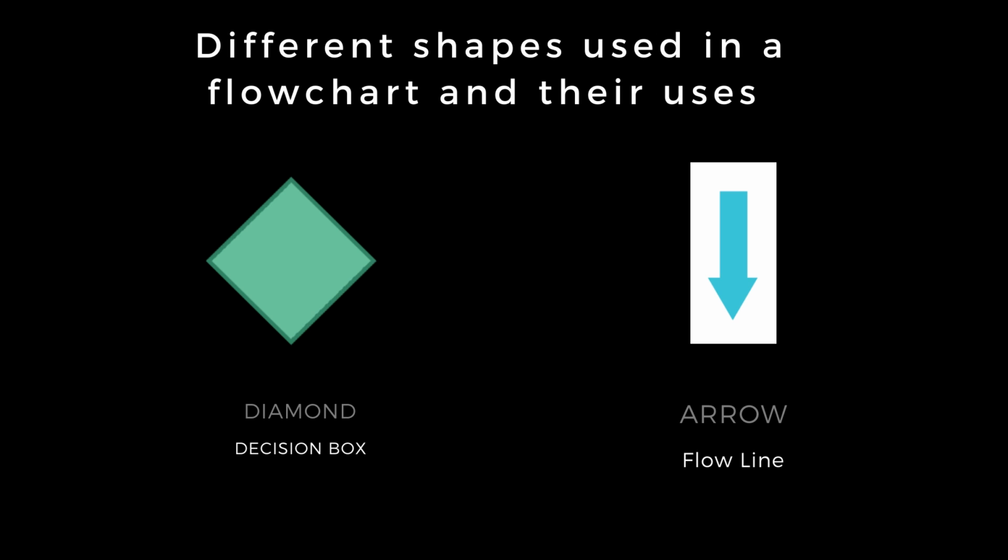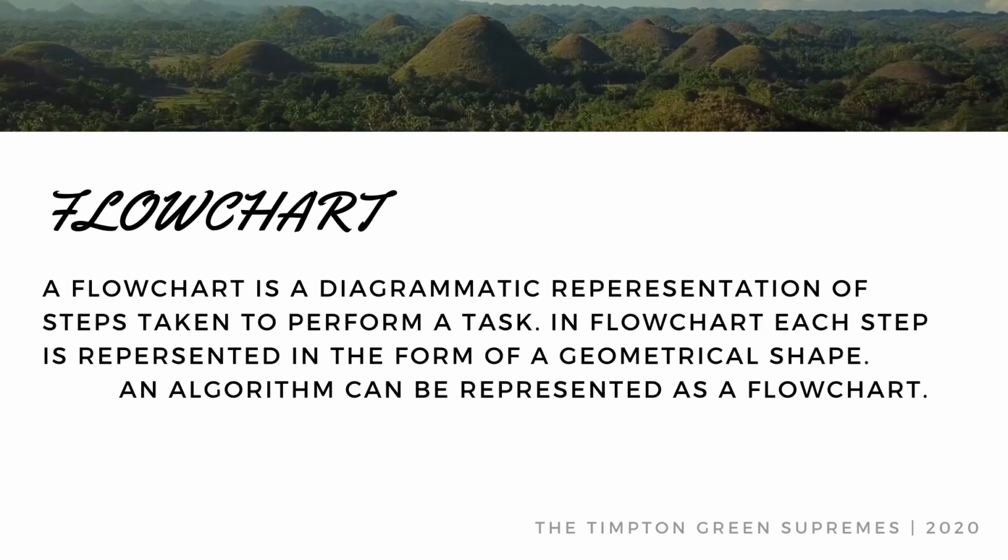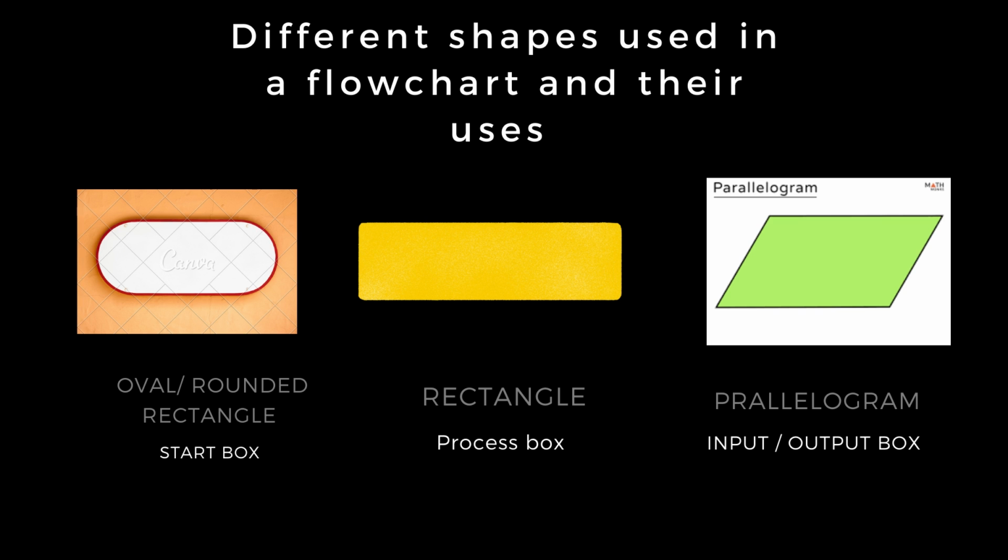So, an algorithm can be represented as a flowchart. The type of symbols we use will depend on the nature of the action defined in the algorithm. There is a point you should know: the start box and the stop box, also known as terminal boxes.